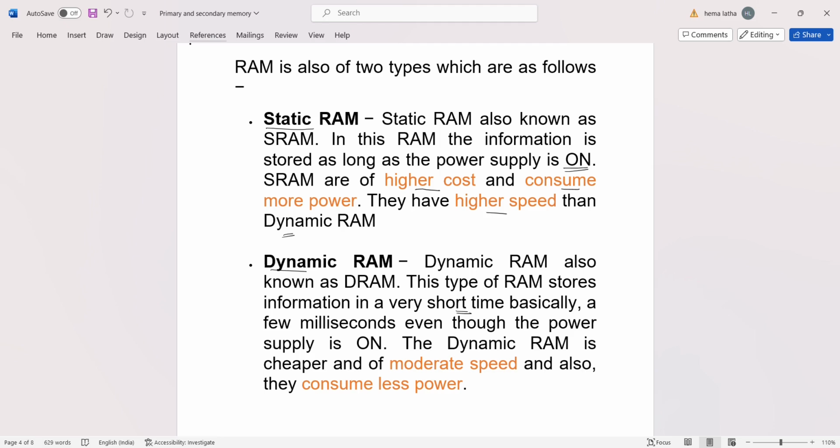In dynamic RAM, the information will be stored only for milliseconds. Though the power is switched on, only for a few milliseconds it will store the information. Later on the information will be lost, and it is cheaper with a moderate speed only, not like SRAM, and it consumes less power. So this is the difference between static RAM and dynamic RAM.